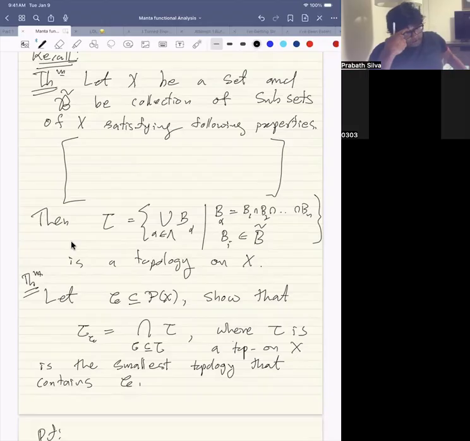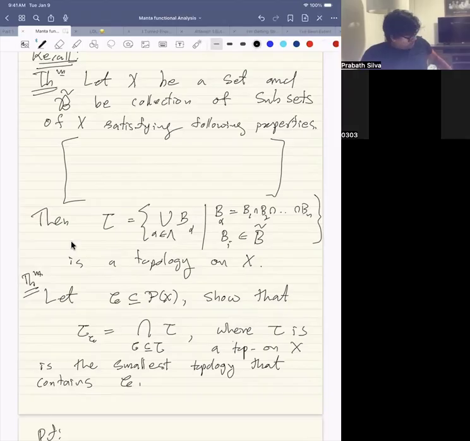So for this thing to be a topology, we need the empty set and the whole set to be in the topology.